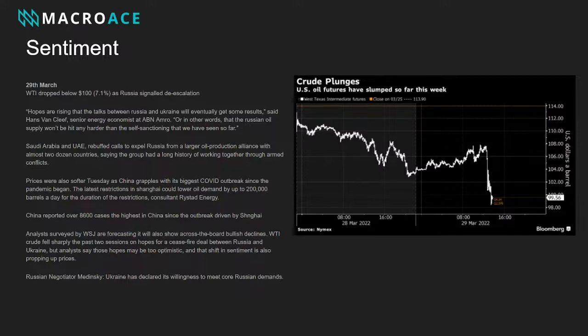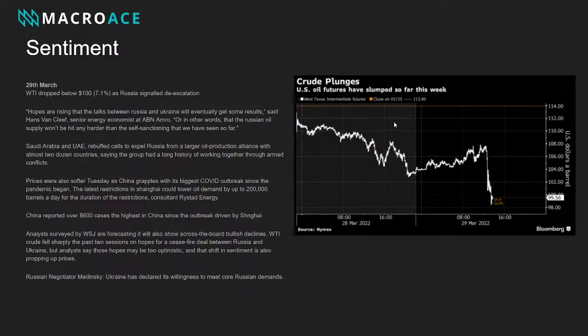Then there's a nice chart here from Bloomberg, sourced from NYMEX, where we can see that huge plunge off of the more positive news that we had received in regards to Russia and Ukraine, potentially having an agreement or having more positive negotiations.